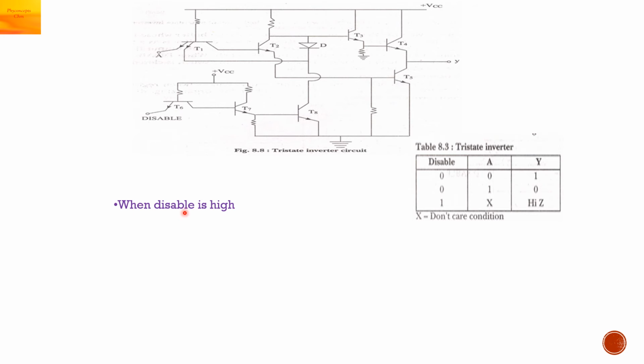Now we will make the disable high. That is the third condition. When disable is high, the base emitter junction diode of P6 will be reverse biased and P6 will become off. Its collector voltage will then be high, and that will make T7 on and T8 on.